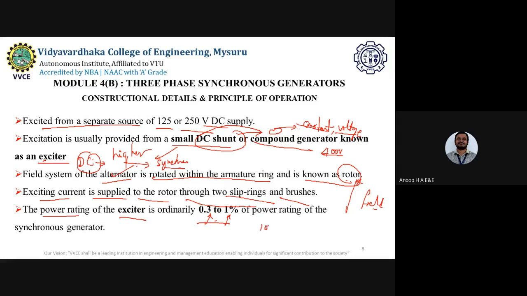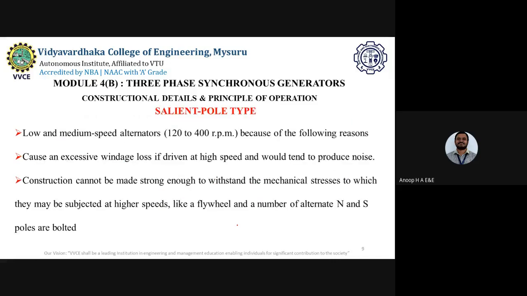So when I say a 100 kilowatt machine, the maximum exciter level is 1% of it, so I'm going to install a 1 kilowatt machine as the exciter. That is, the DC shunt generator will have a power rating of 1 kilowatt for a 100 kilowatt synchronous machine. That is what I mean by the exciter arrangement.